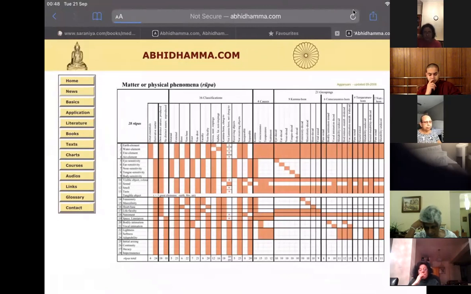So what Chamari says is correct in that respect, because you get karmic resultant to a person or a living being.